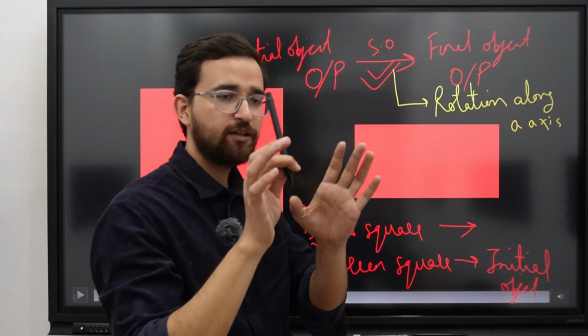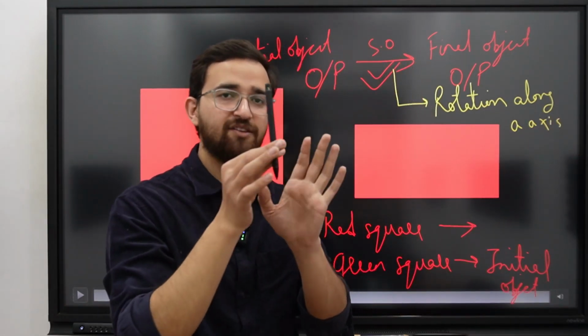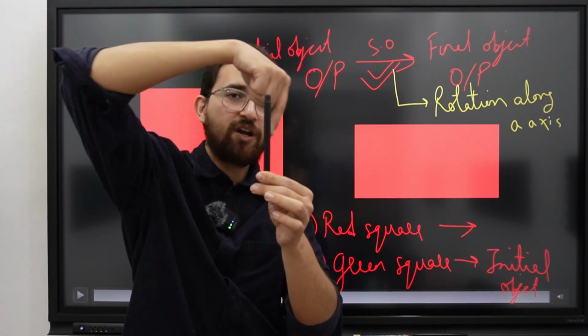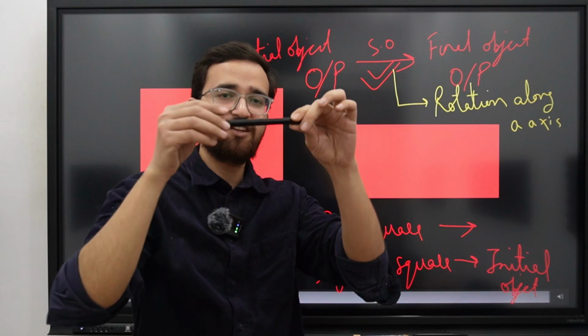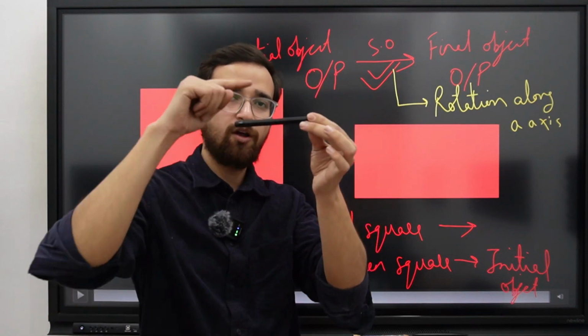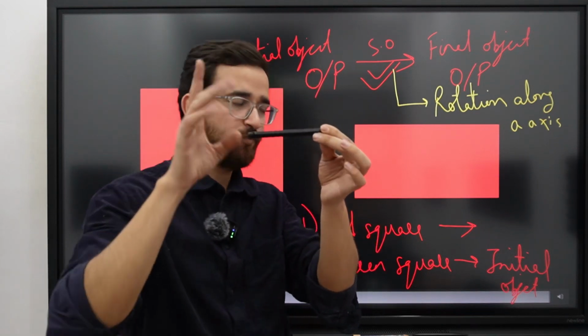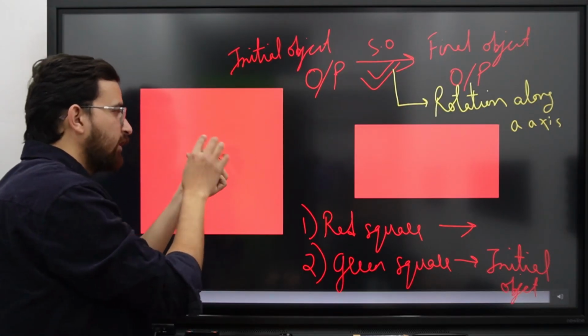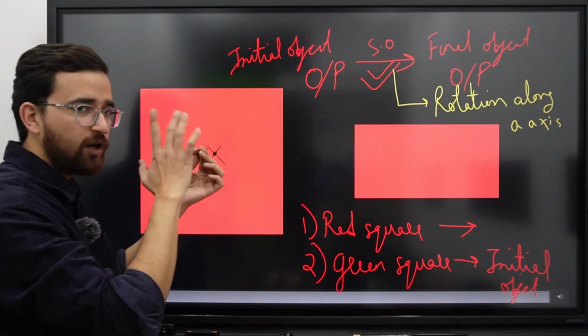For example, if you take this pen as the axis of rotation, it will take an object and rotate it in such a manner. So we have imagined an axis going inside the square, which will rotate the square.